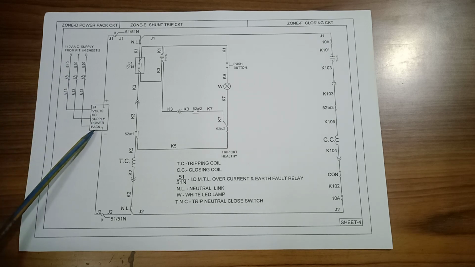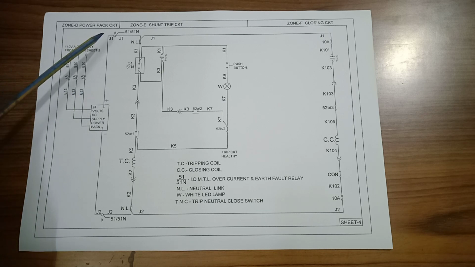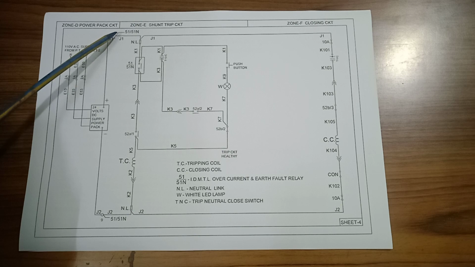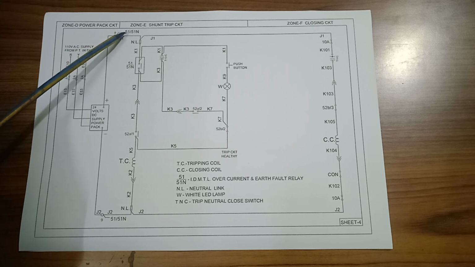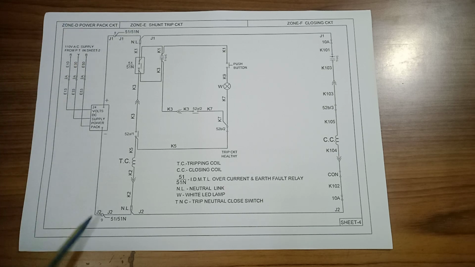This goes to the power pack, and the output is 24 volt DC. One part goes to the 51 by 51N overcurrent and earth fault relay, and the second part also goes to the 51 by 51N overcurrent and earth fault relay.